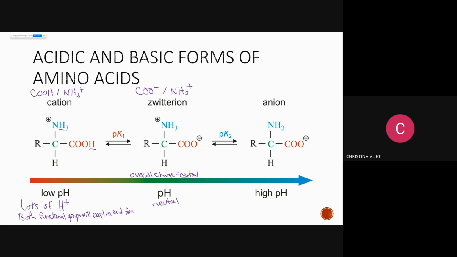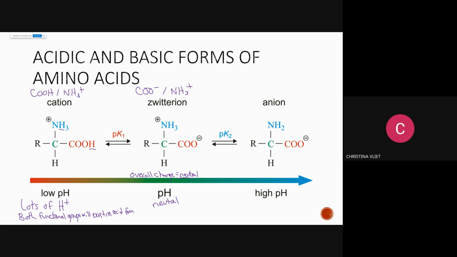So in acid, your amino acid will have a positive charge. At what we call the isoelectric point, it's neutral. The zwitterion is neutral. And when we have a high pH, what does that mean? There's very little H plus, right? And what is there a lot of?